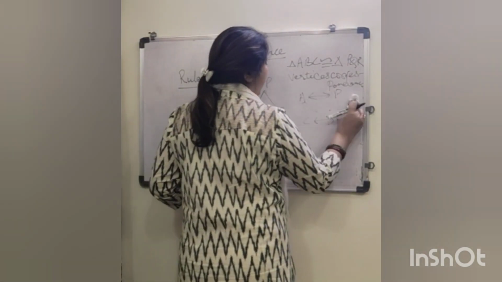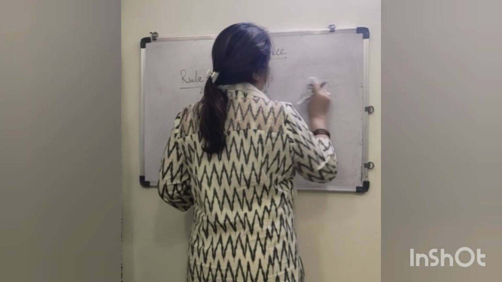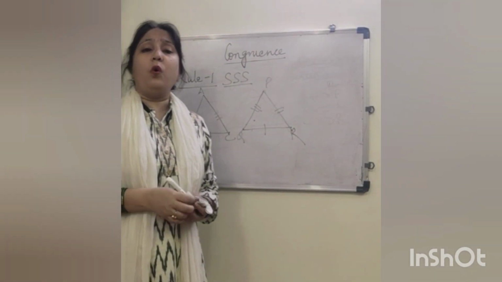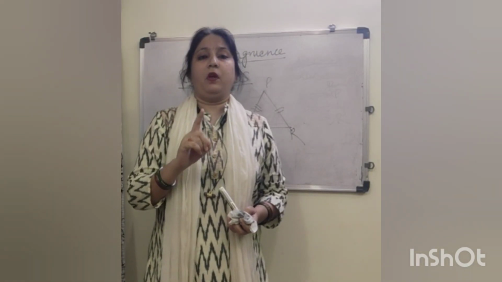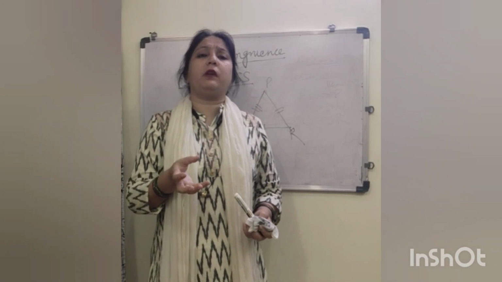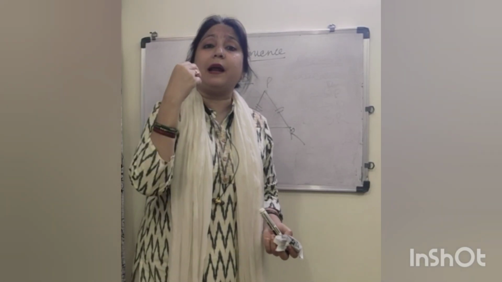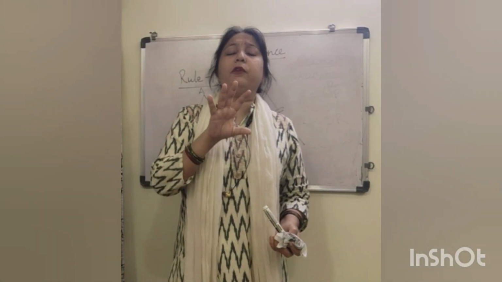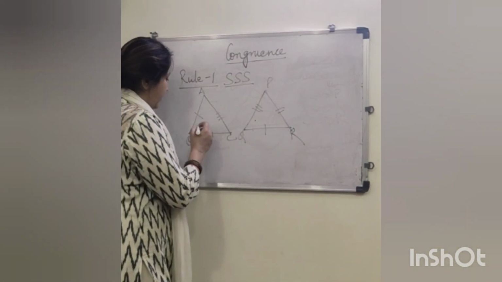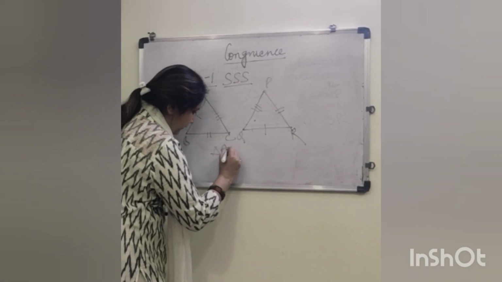Now in the first rule SSS, what is happening? See, two triangles are congruent only in one position, one and only one position. The moment you change the position, the correspondence changes. For example, I have taken this triangle ABC.